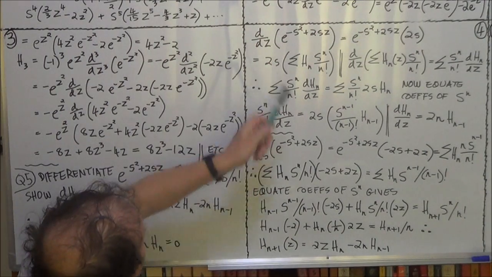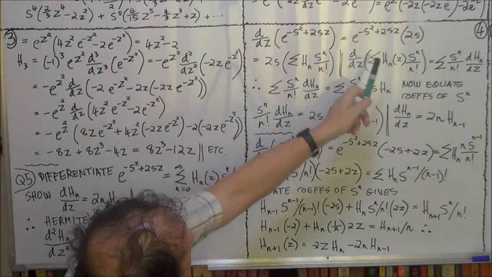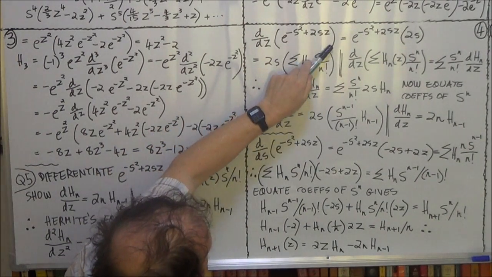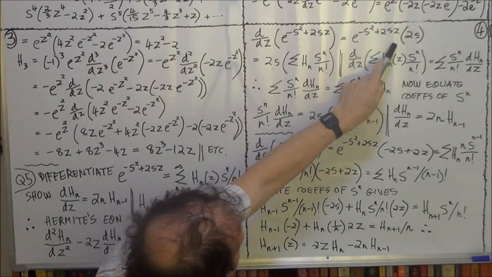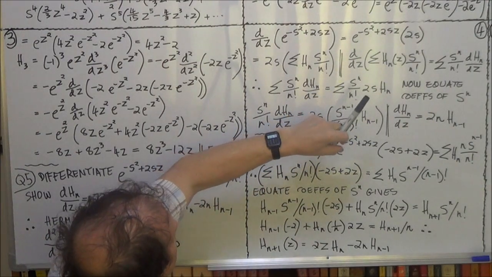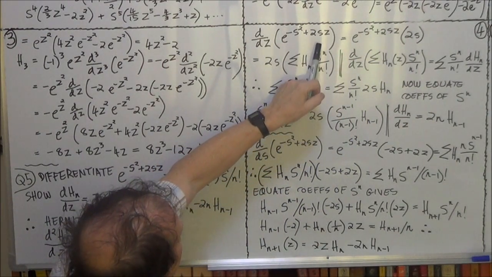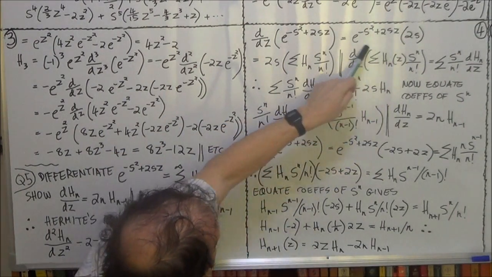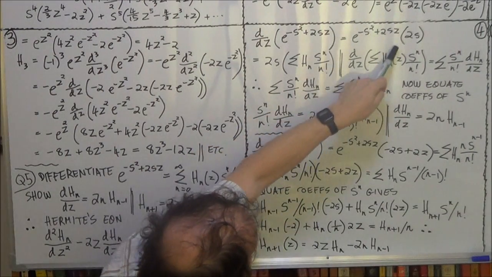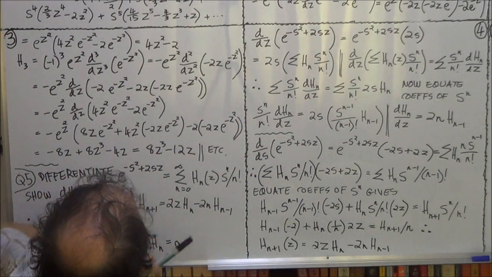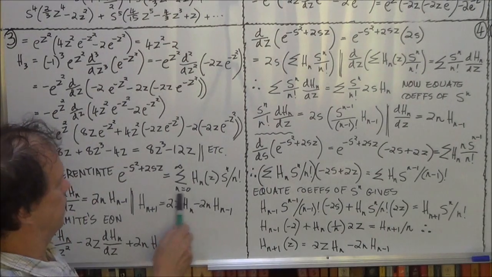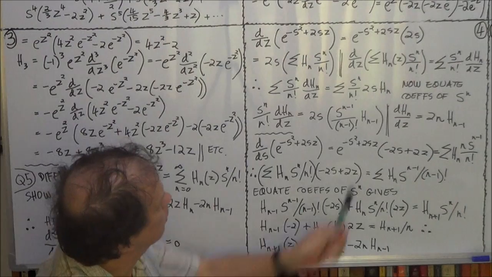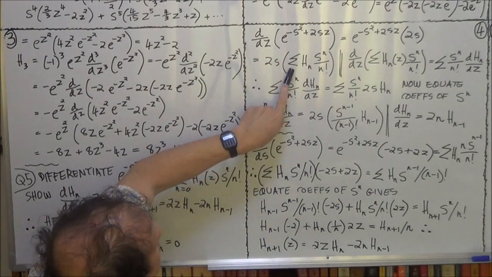Okay. So differentiate both sides with respect to z. Here you're differentiating the left-hand side, and that gives you this result, which is 2s times this, but this here is this, from the generating function. So we can rewrite this as the sum of.